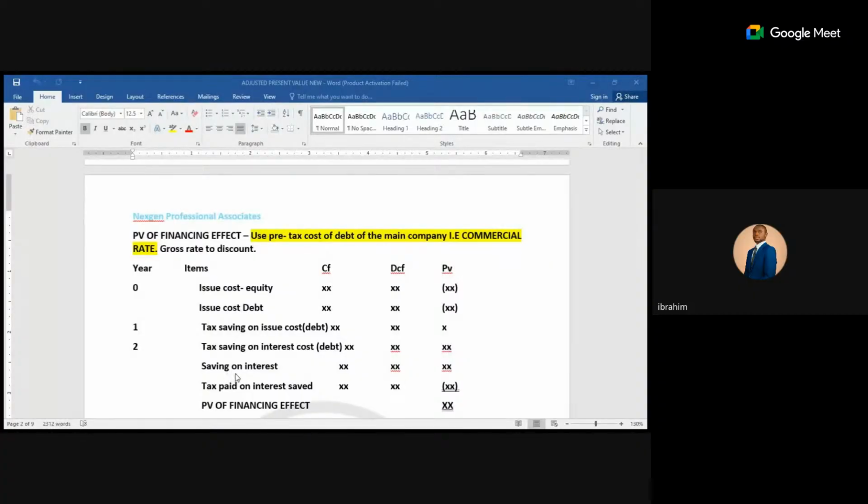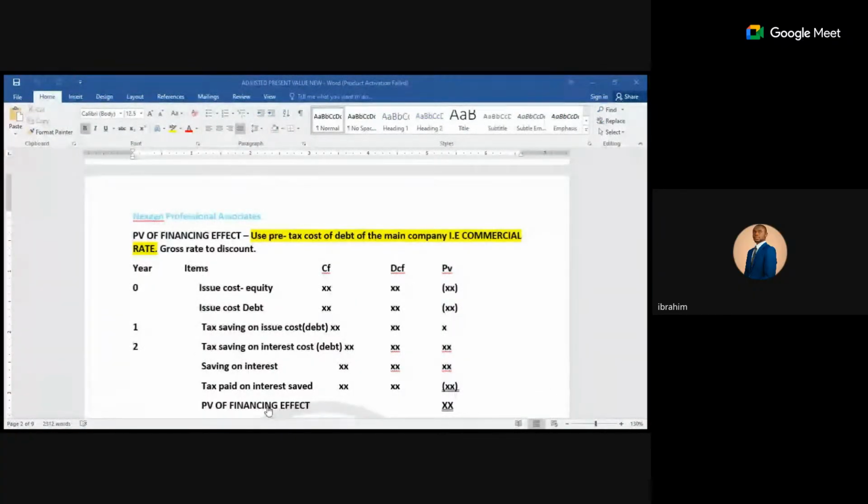In our previous lecture, we also looked at an illustration on the PV of financing effect on savings on interest. If the government is saying we will give you a 5% loan and you would have got it at a commercial rate of 2%, how much did you save? How many percent did you save? You've saved 3%.